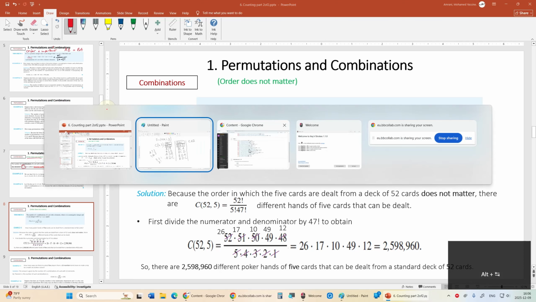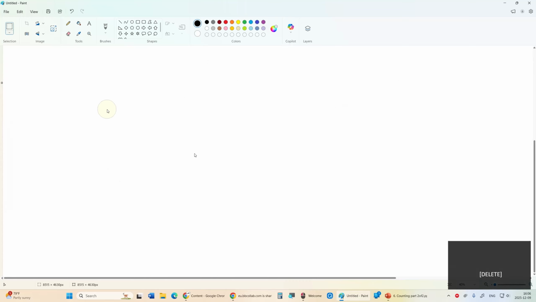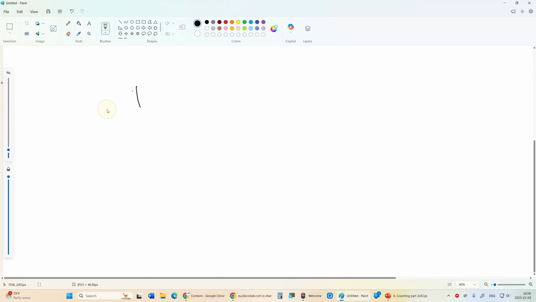And yeah, so let me summarize. Every time I have a permutation of some number, we use r because this is what they use in the book.